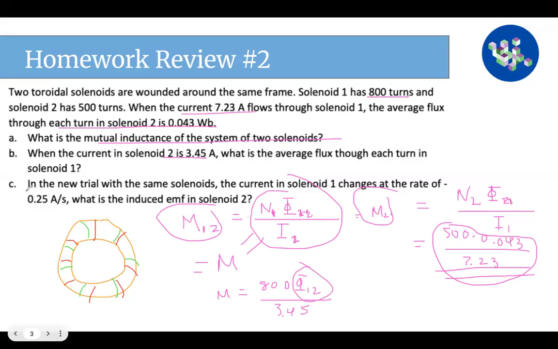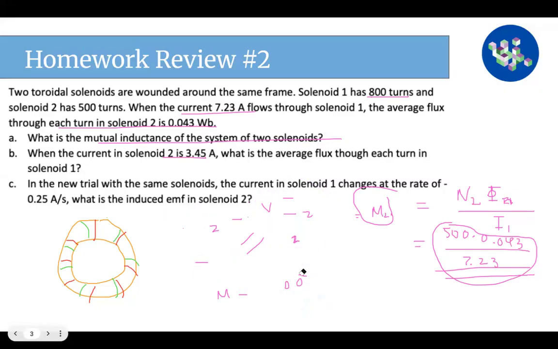Now the third part of the problem: in a new trial with the same solenoids, the current in solenoid 1 changes at the rate of 0.25 amperes per second. What is the induced EMF in solenoid 2? Well, let's first erase my drawing over here so we can get a clear screen.